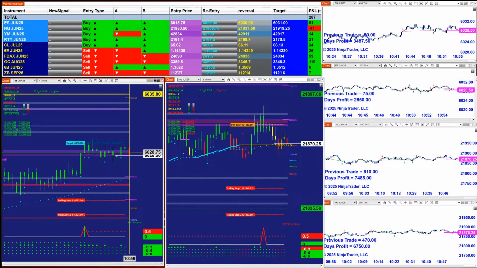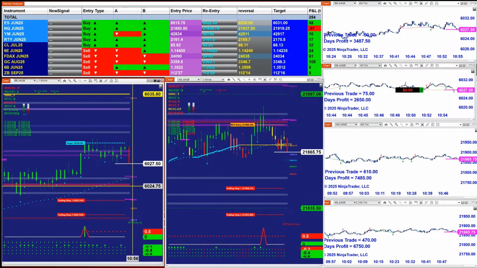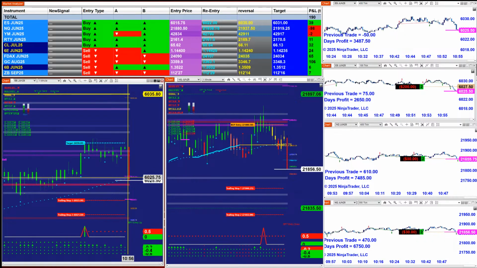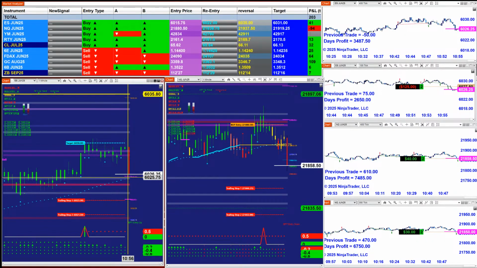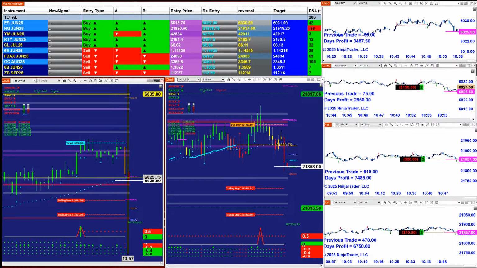You cannot take any trade on the ES at those levels. And look, he dragged the ES with him. This is the re-entry long, from this area here, 6,025. This is the re-entry long right here.